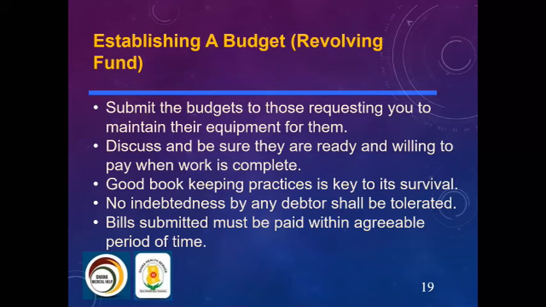Good bookkeeping practice is key to its survival. Bookkeeping here, we are not talking accounting, but make sure that if you are working very closely with your accounts officer, he knows how to keep the books, but you also have to keep an eye on how the books are kept.